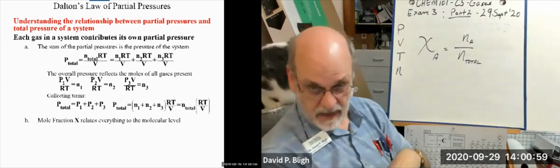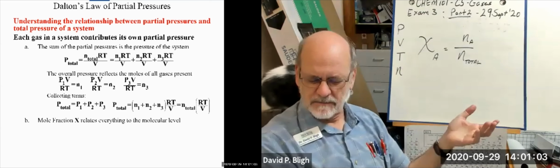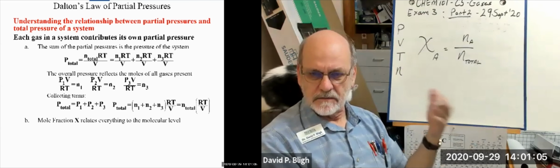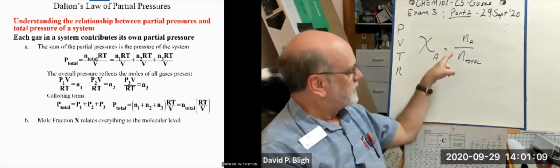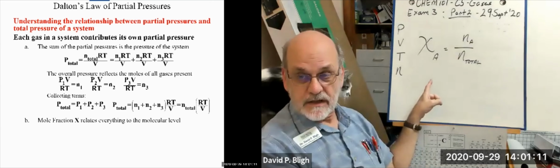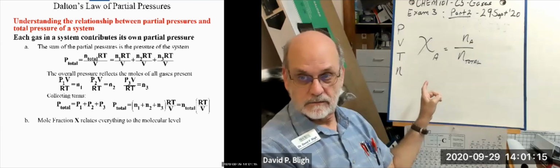Now, under constant conditions of temperature and volume, the mole fraction of a gas is proportional to its pressure.